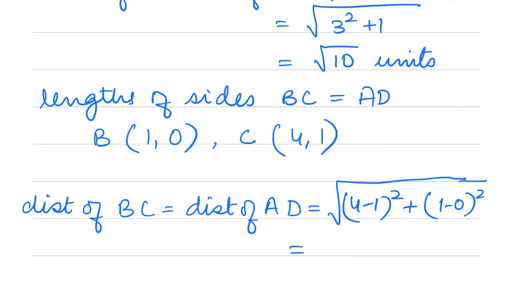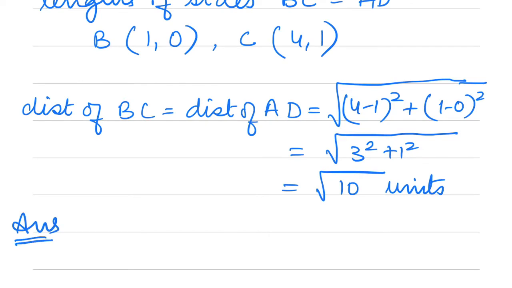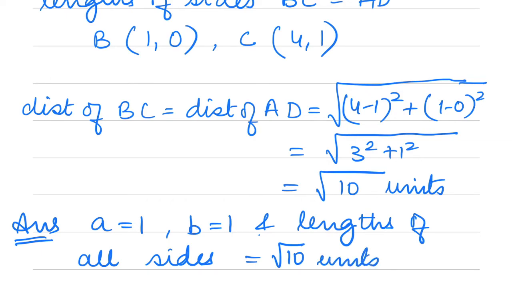So this also we have square root of 3 square plus 1 square. So this is equal to square root of 10 units. So answer, what all we had to find out? a is equal to 1, then b is also equal to 1, and lengths of all sides is equal to square root of 10 units.